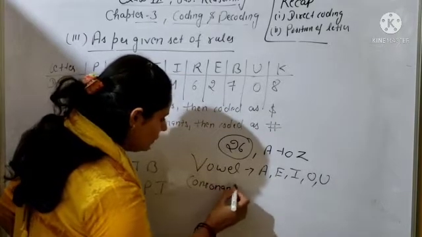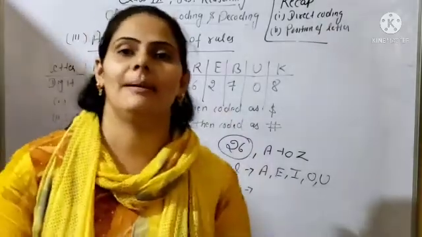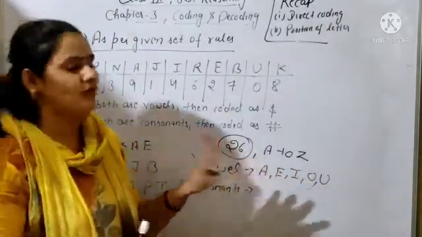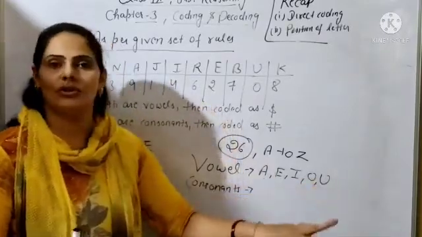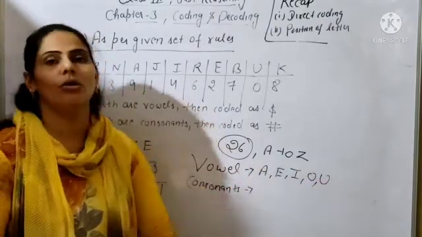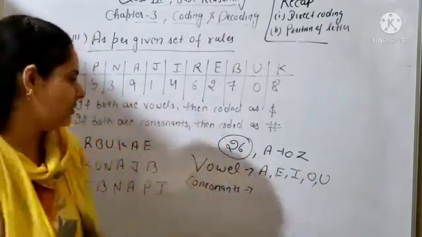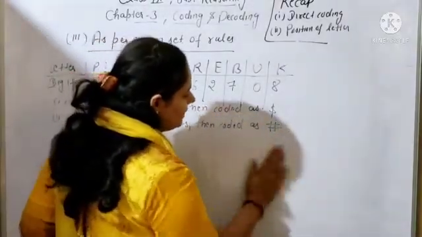How many vowels are there in the 26 letters of the English alphabet? Total 5 vowels, A, E, I, O, U, and other than these, all the letters will be consonants. Clear, all of you? So these are the vowels and consonants in the English alphabet.